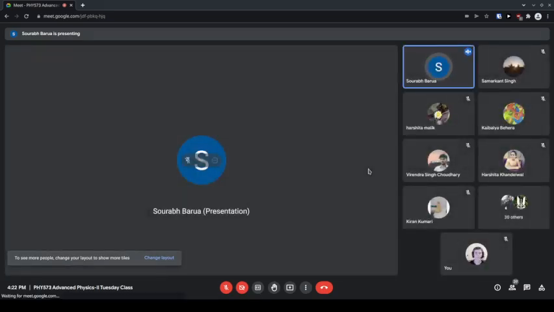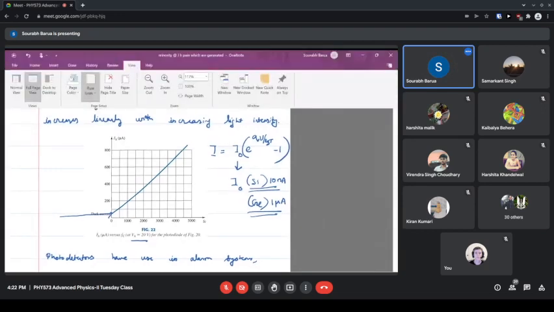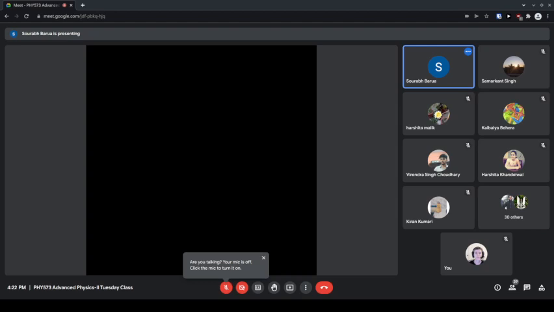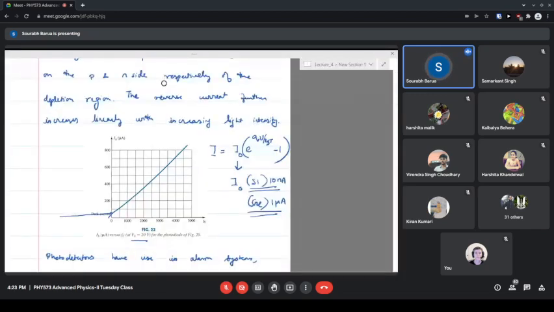So it depends. This I naught, not the expression for that. It depends upon the doping and the intrinsic carrier concentration, etc. So that changes from material to material. And so, as an example, I've told you how it changes. So if you make a photodetector using germanium, then this level of current will be higher.